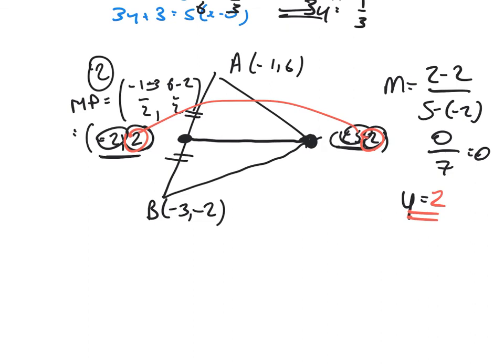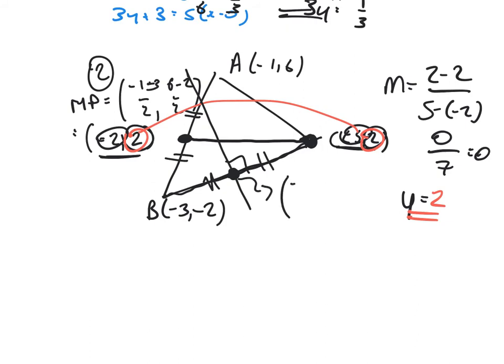So the equation of the median is y equals 2. Okay, next we're going to find the equation of the line Q, which is the perpendicular bisector of BC. So the perpendicular bisector of BC will cut this line BC in the middle and at a right angle. So let's first of all find the midpoint.